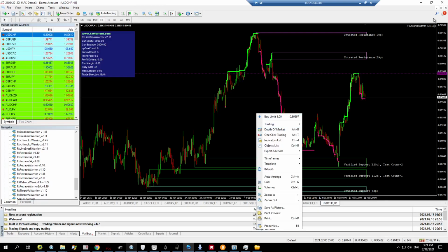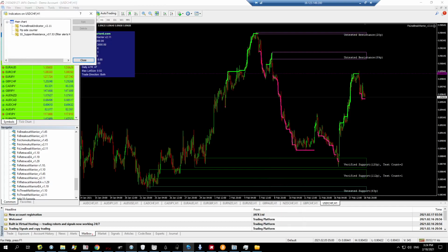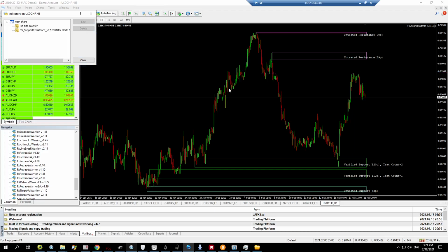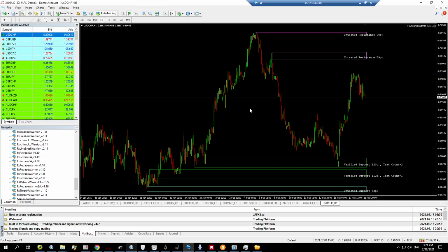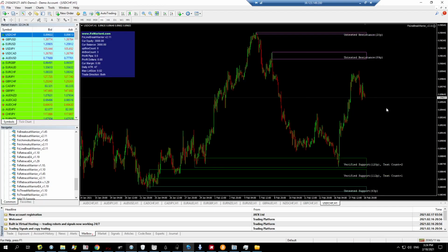So what I'm going to do is, now that I have this expert advisor, I don't need the indicator no more. So what I'm actually going to do is take that out, and I should be able to, I don't know if it's going to show it. If it doesn't show it, then I'll go back and put the indicator on.